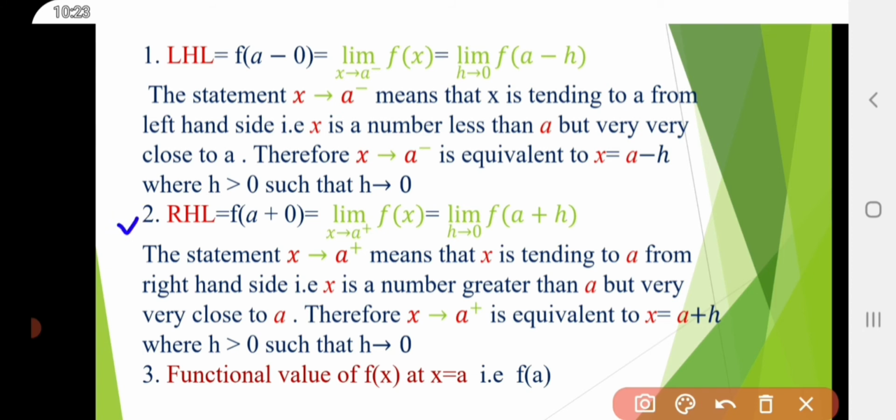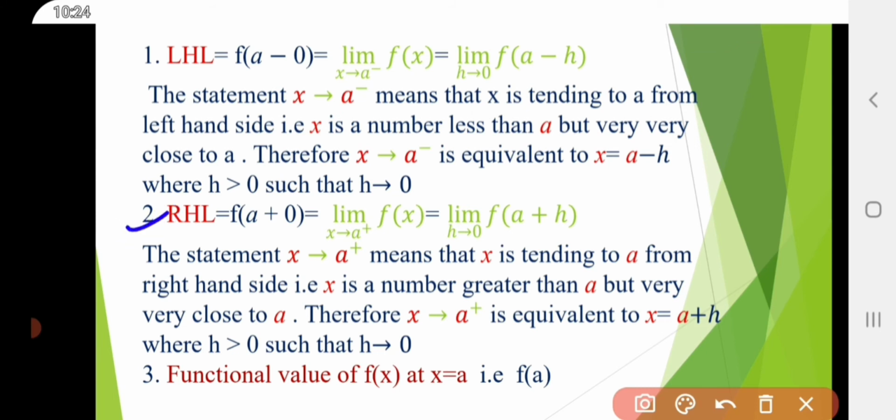Similarly, right hand limit you can write like this: f of a plus 0 is equal to limit of f of x while x tends to a from right hand side, and limit of f of a plus h when h tends to 0.